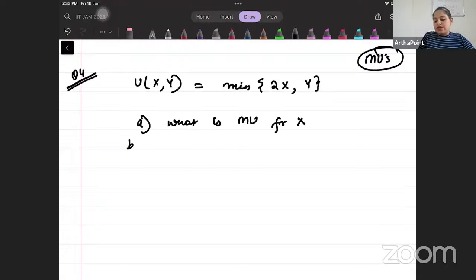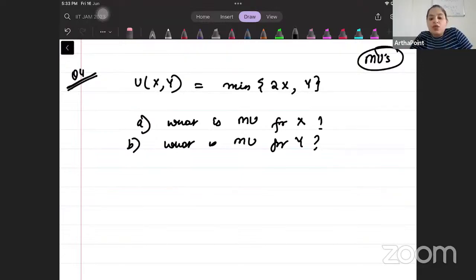And what is the marginal utility for good y? So you're asked to find the marginal utility of x and the marginal utility of y. But we know that this refers to a complementary goods function.